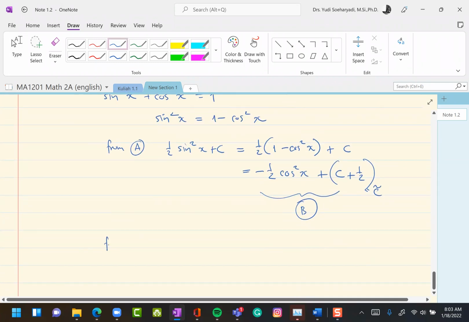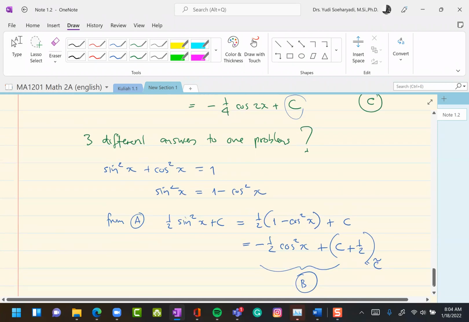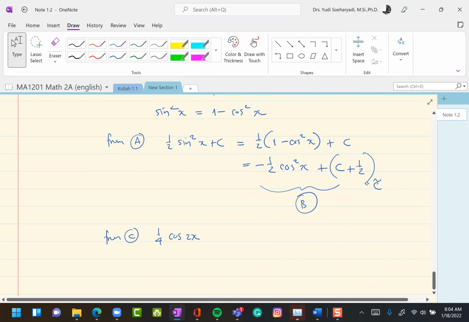So how about this one, cosine 2x? From C here, 1/4 cosine 2x. So what is this?